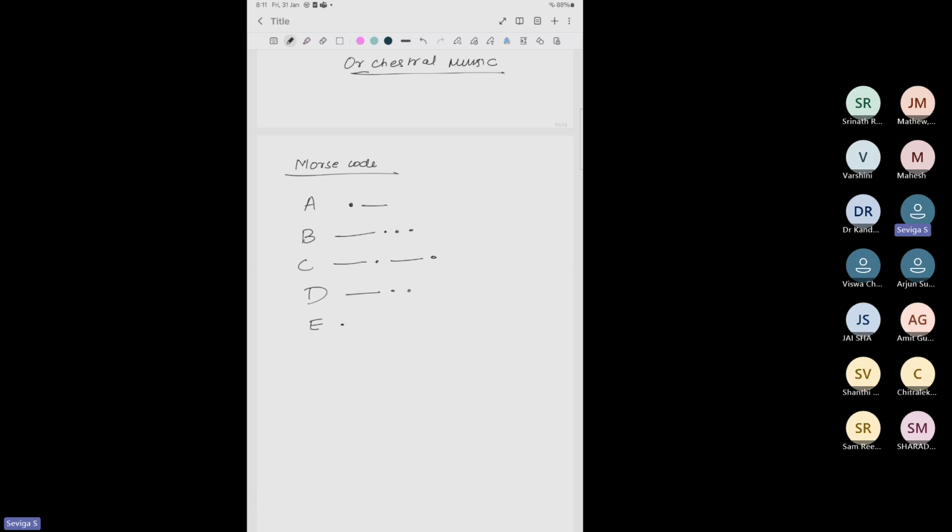Each dot is a short burst of sound. These are not writings, but sounds. This is a short sound, and this is a long sound. The length of duration used to represent a dot is called a dit. Dit is the unit for the length of time used to hold the dot. A dash takes the length of three dits.